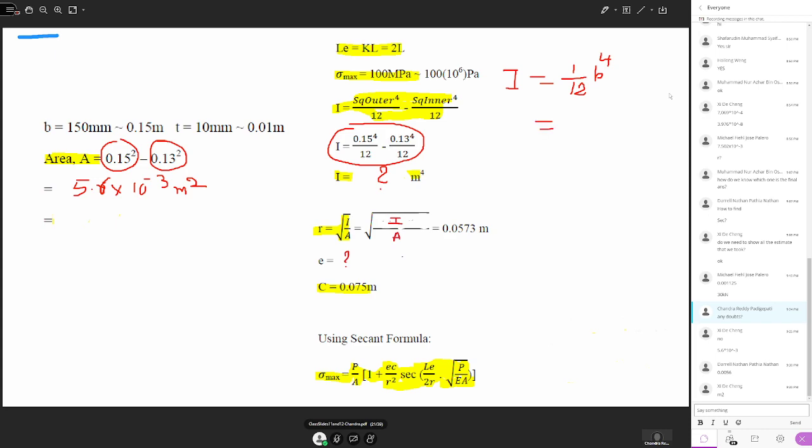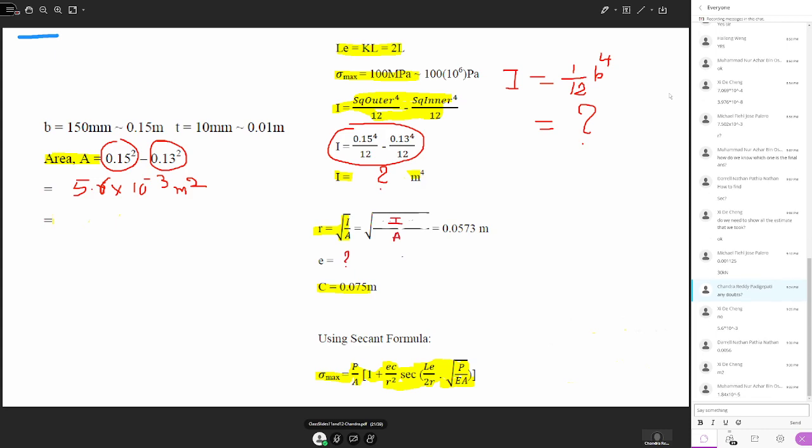Tell me what inertia value you have calculated. No result is giving me 1.84 into 10 power minus 5, and the unit is meter to the power of 4.